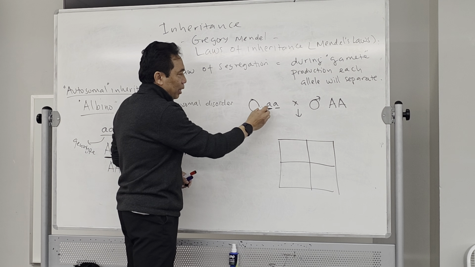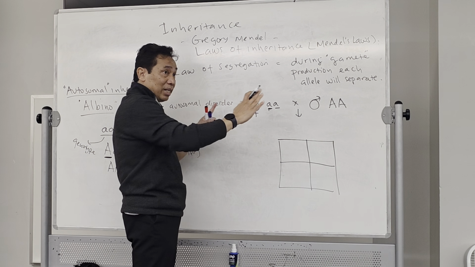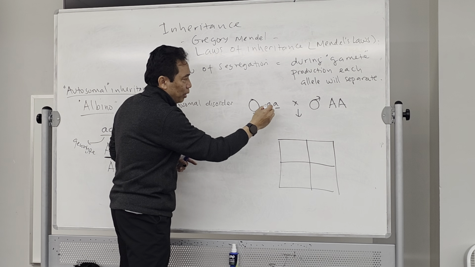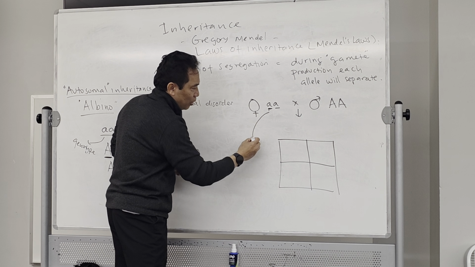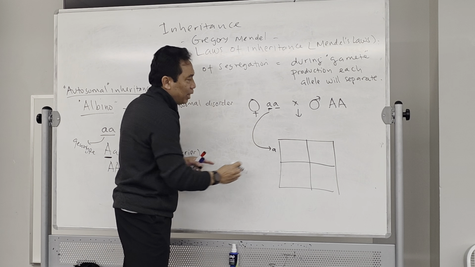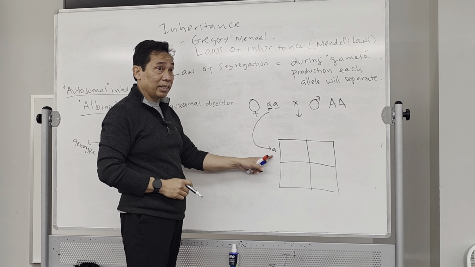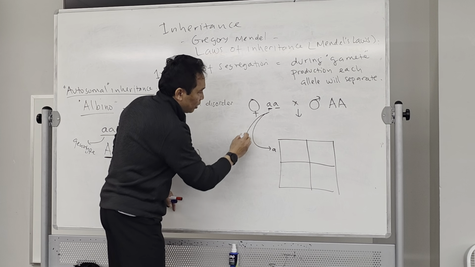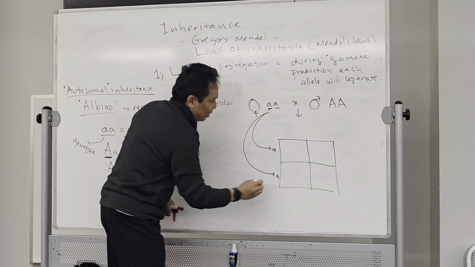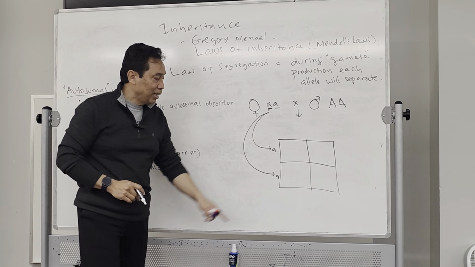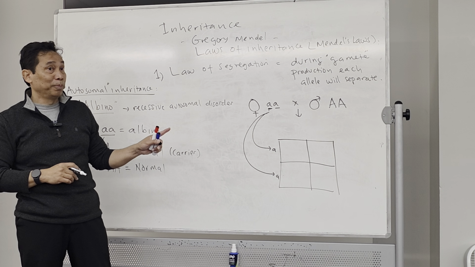When the mother creates the eggs, remember, it will separate. Let's say we put the mothers on the side. So one egg will carry one recessive allele, and the other egg will also carry one recessive allele.